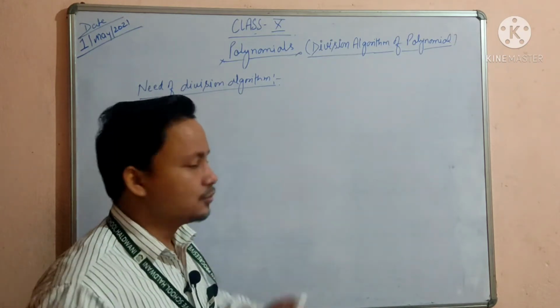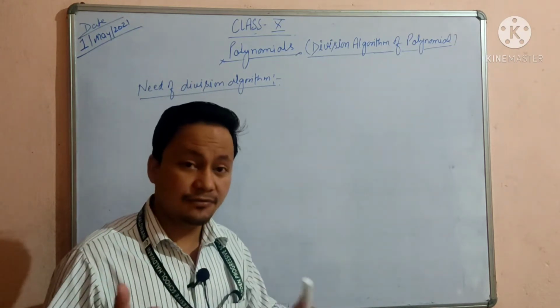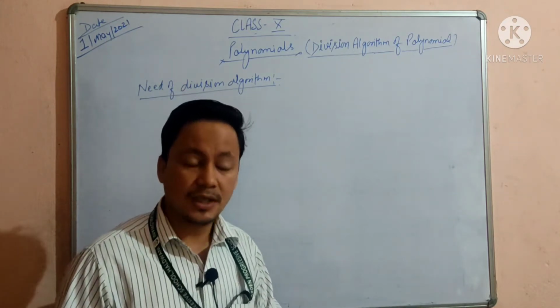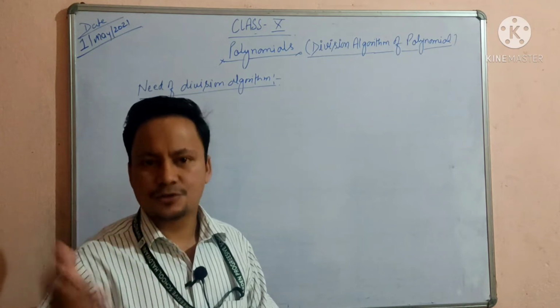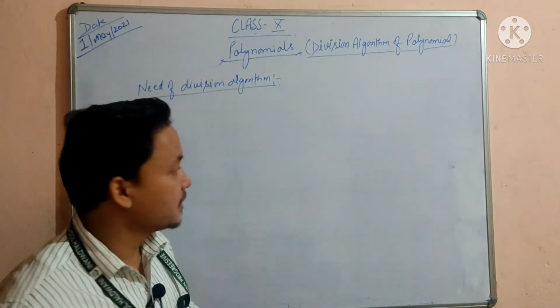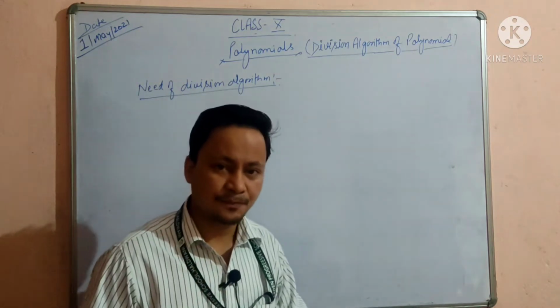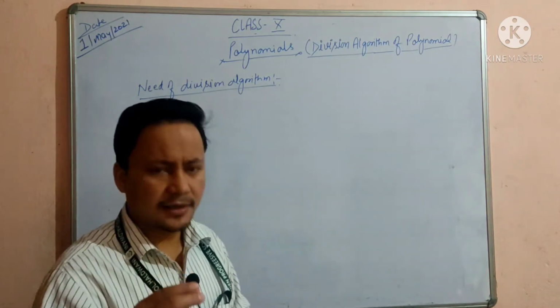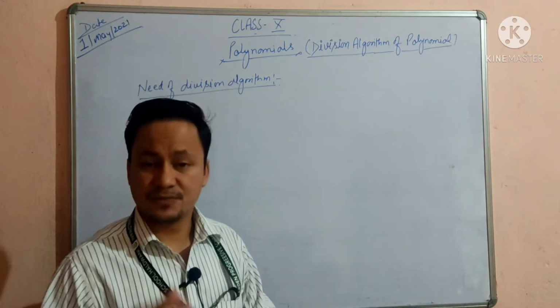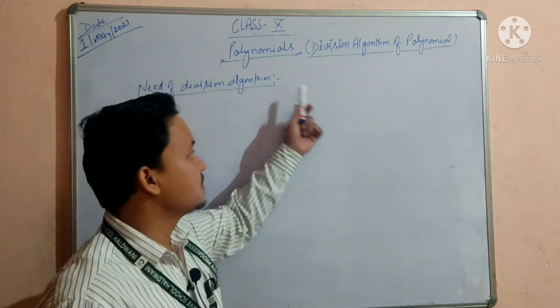But in the case of a cubic polynomial, if one zero is already given, how will we find the rest of the zeros? Because a cubic polynomial is of degree 3 and it has at most 3 zeros. So to find the zeros of a cubic polynomial, generally we apply this division algorithm.